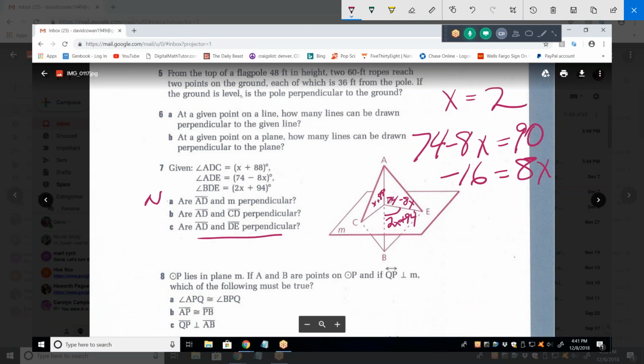So x would have to have a negative value. Now, they don't say anywhere in here that x has to be positive. And they don't say that AB is a continuous straight line. That would also matter.